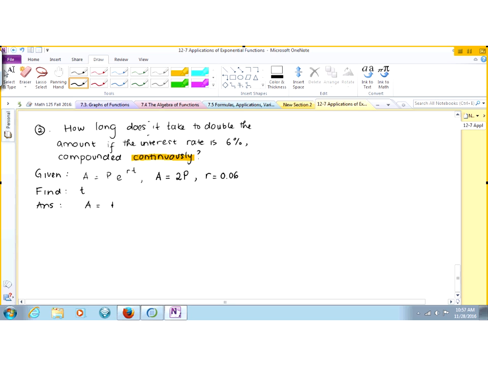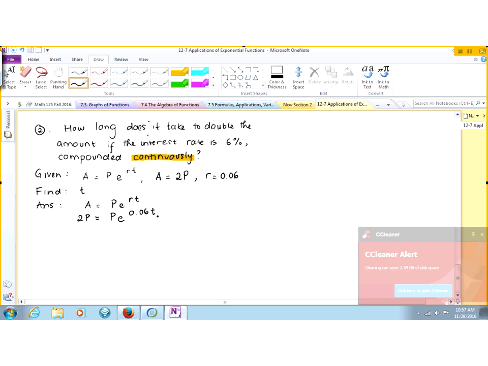So let's answer this. A is equal to P e to the rt. What do I put for A? 2P is equal to P e raised to the 0.06 t. So I need to find t.